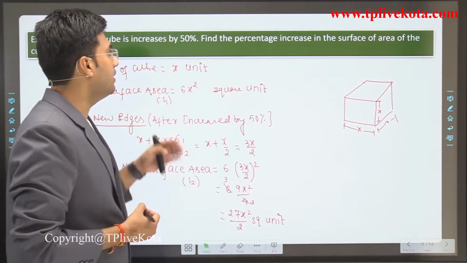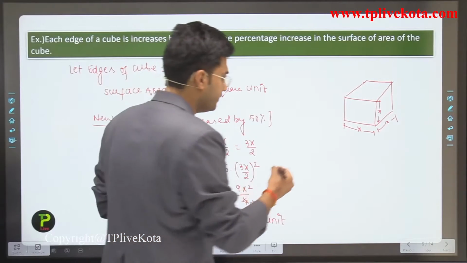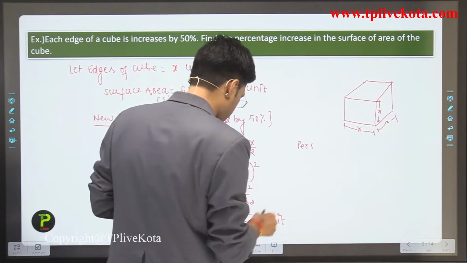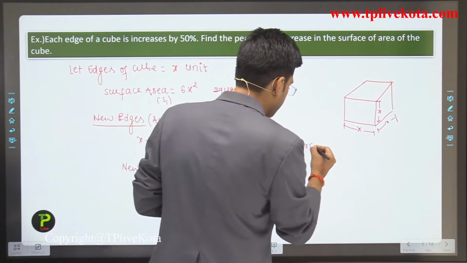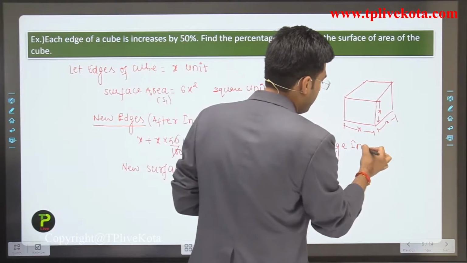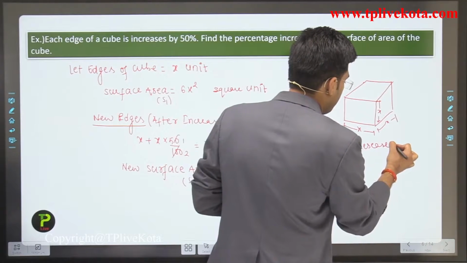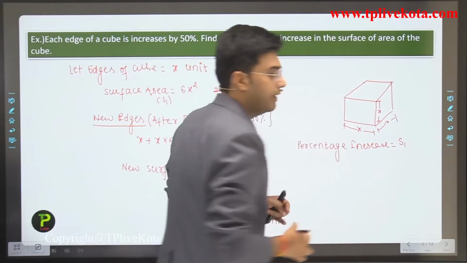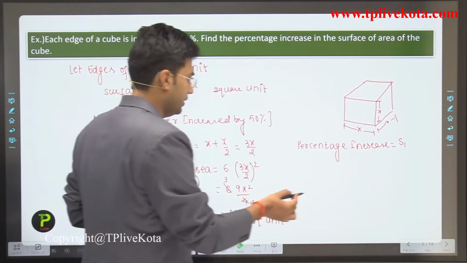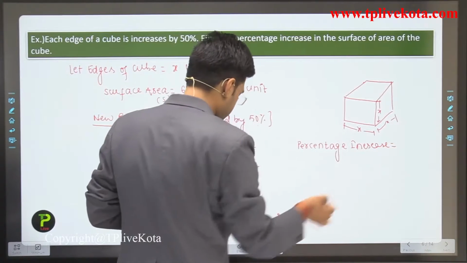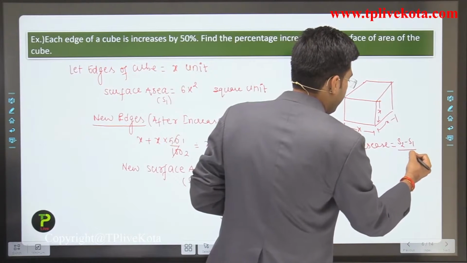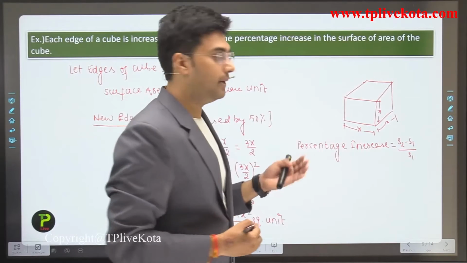We have to find the percentage increase. So percentage increase is equal to S2 minus S1 divided by S1 multiply by 100.